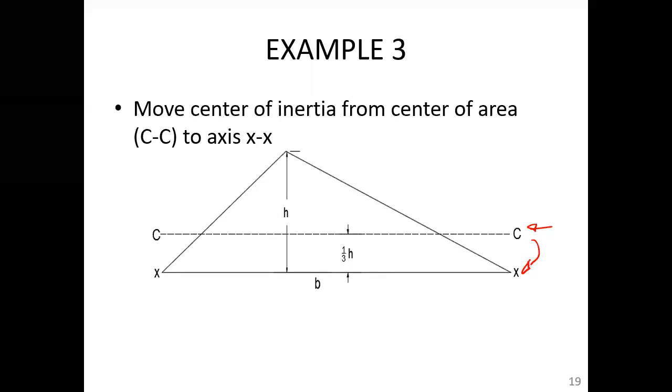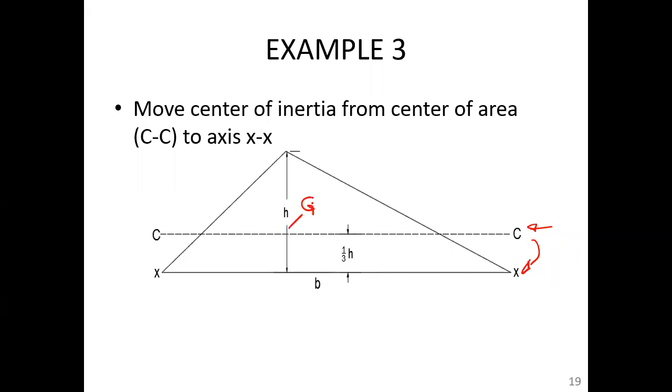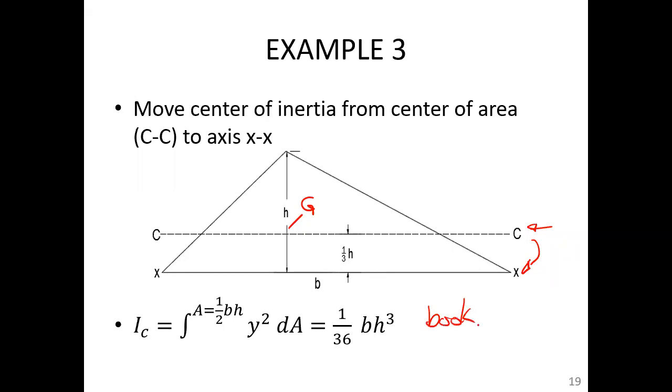And we know that the centroid, the center of area, is 1/3 of the height away from the base. So the moment of inertia about the centroid, this is from the book, that's what was on the previous page. The moment of inertia of a triangle is 1/36 bh cubed. I don't want the moment of inertia about this axis. I want the moment of inertia down here.